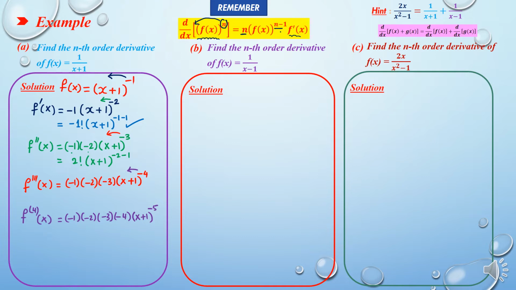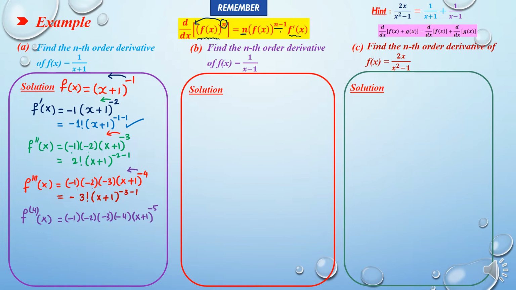The third derivative is negative times negative times negative, so the answer will be negative. Now 1 times 2 times 3 is 3 factorial multiplied by x plus 1. Now we can write negative 4 as negative 3 minus 1. So this is the third derivative.